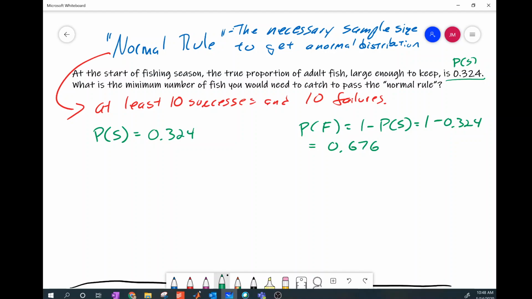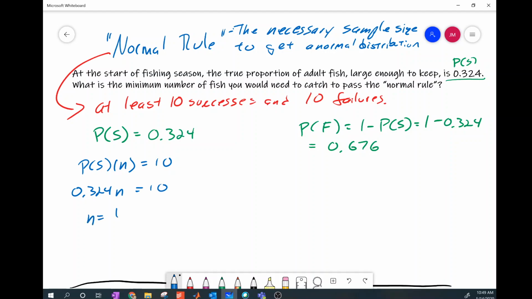So that means what I want to do is I just want to solve the equation that the probability of success times my sample size equals 10. So that's 0.324 n equals 10.